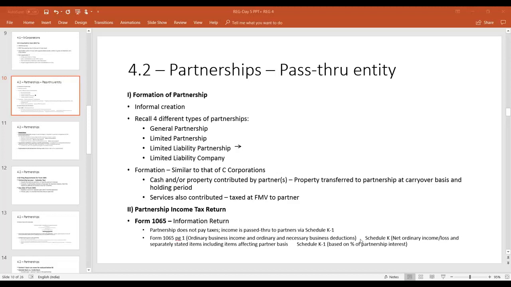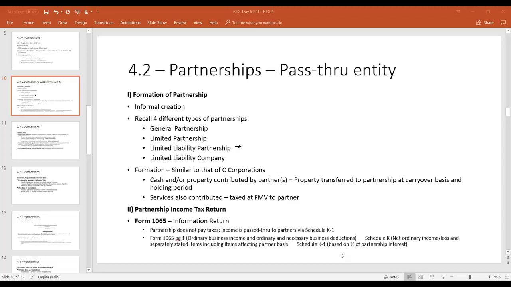So you can see the transition from 1065 to Schedule K, which has the summary of the net income or loss. Then you also have some items that affect the partner's basis, for example, any withdrawals by the partner, which are reported on Schedule K. All of this information flows through to Schedule K-1 based on the percentage of partnership interest.